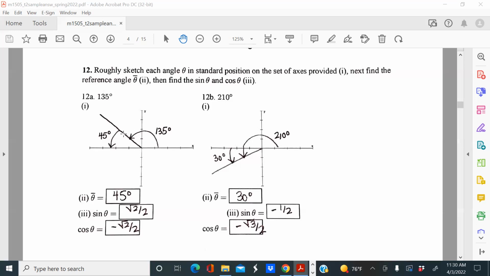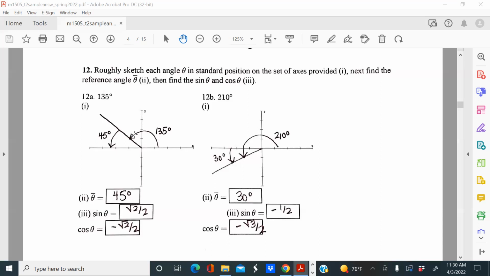So it's a positive angle, so it's going to open counterclockwise, and it's going to end up over here in the second quadrant, because 135 is 45 above 90, correct? So here's a picture of this 135 degree angle.